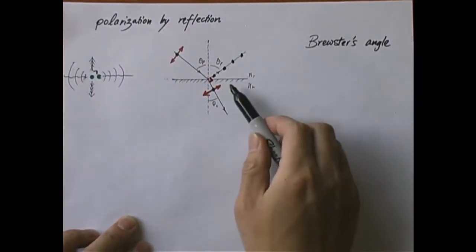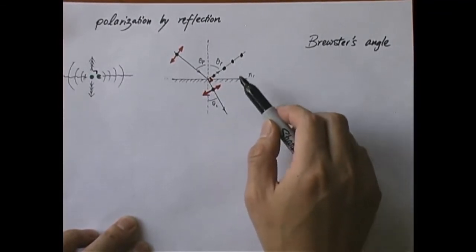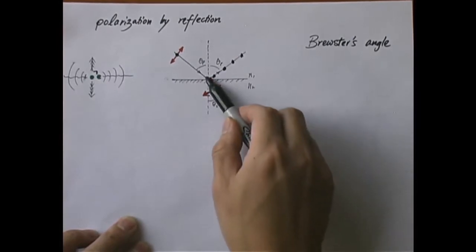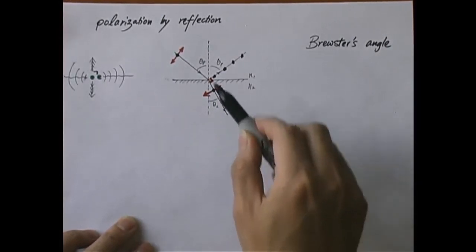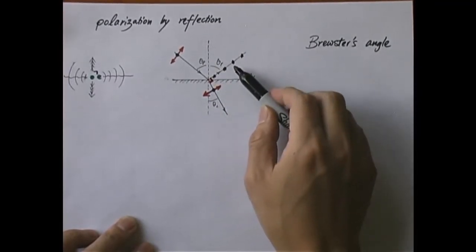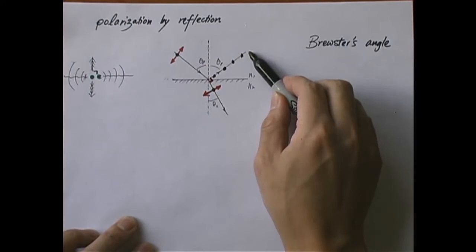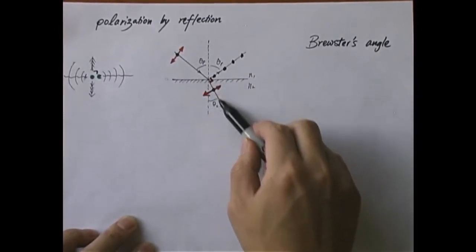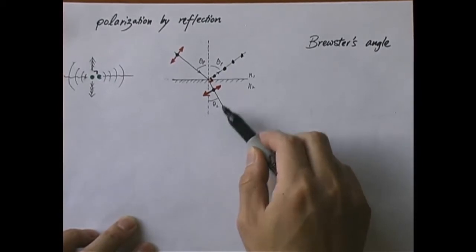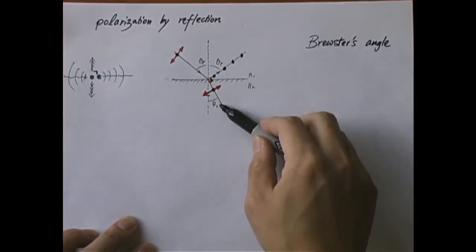So that means the electrons must always oscillate in such a way that is perpendicular to the transmission direction. But the same electrons are also responsible for causing a reflected wave. But wait a minute, the electrons oscillate perpendicular to this direction, and at this angle, this is a special angle, these two have to be 90 degrees from one another.